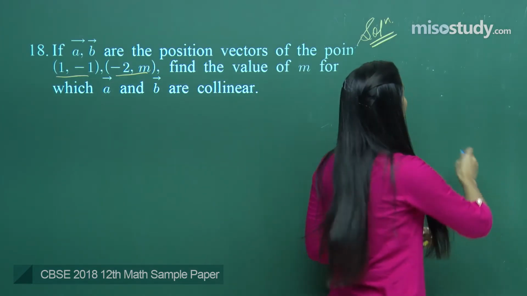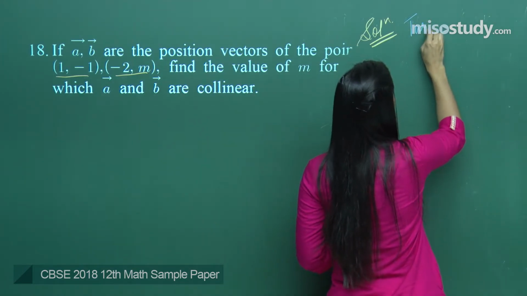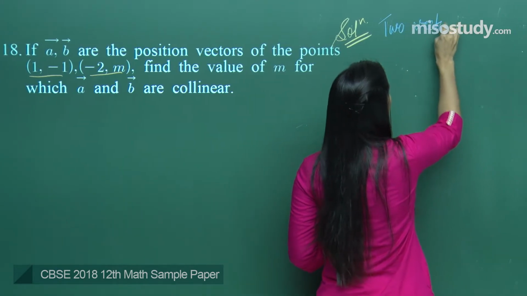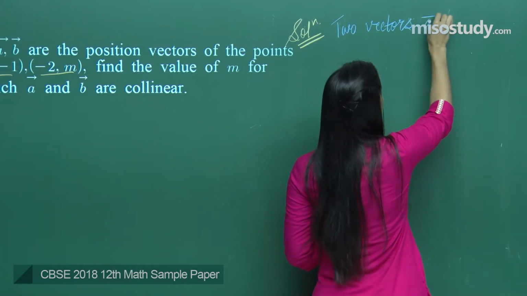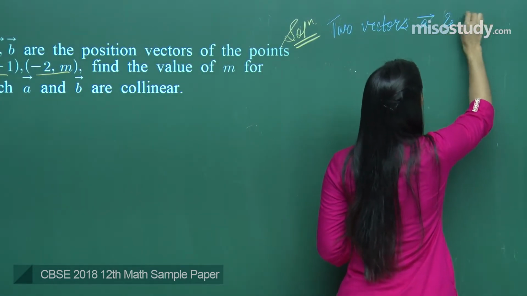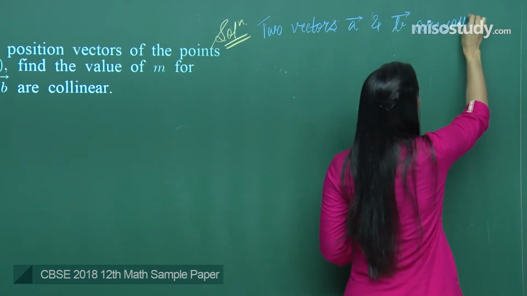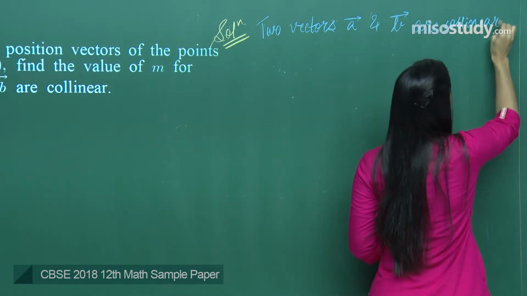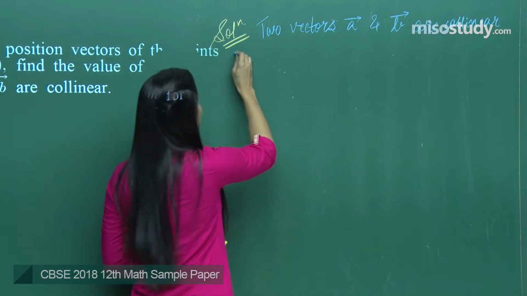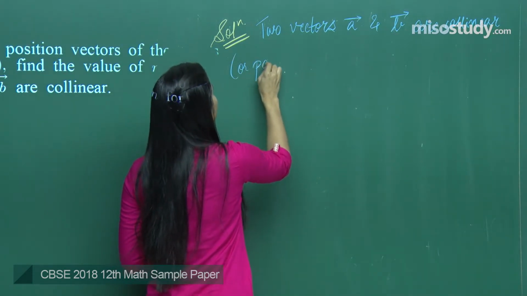When do you say that two vectors, say a vector A and another vector B, are collinear? Or you can also say that they are parallel.